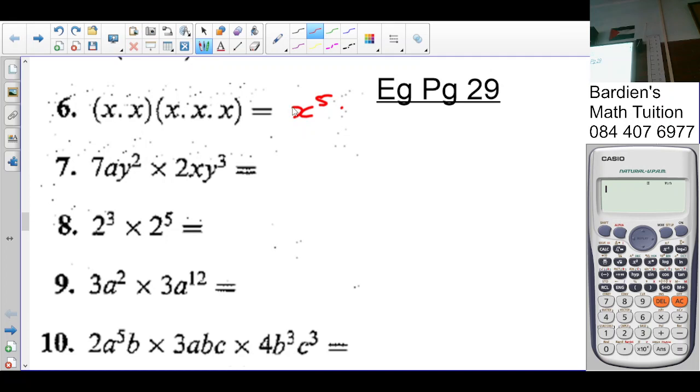Right, the person in front of her is next. 14 AXY 5. Who got that wrong answer? The hands. What did you get? 14ay squared xy cubed.